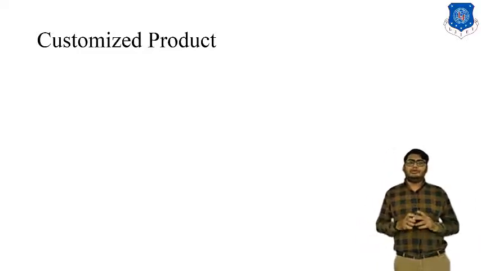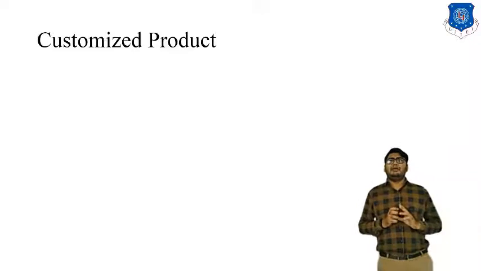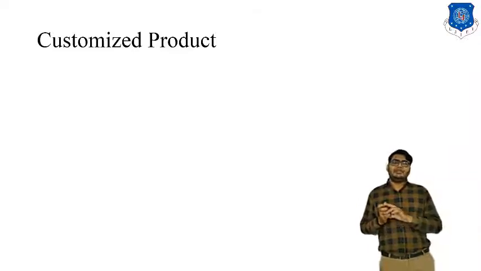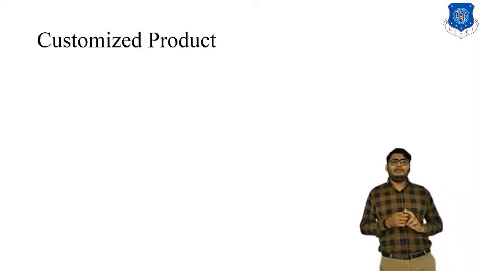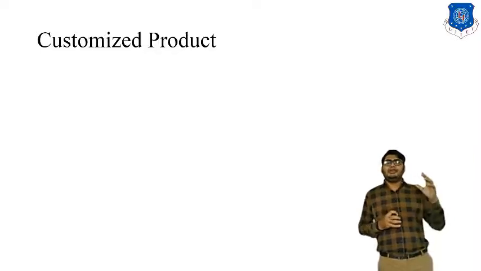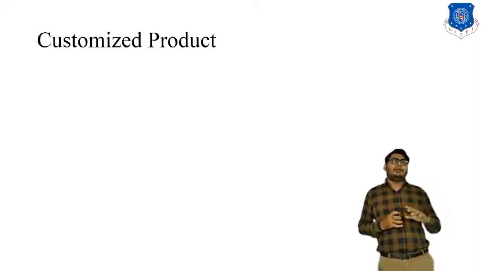So we do not want to invest way more amount of time in customized product development cycle, because it will not be worth the effort to invest 5 or 6 years of time just to develop a product which we want to build only one time. So customized product development cycle will be very quick, and we want to minimize the steps that are required there.